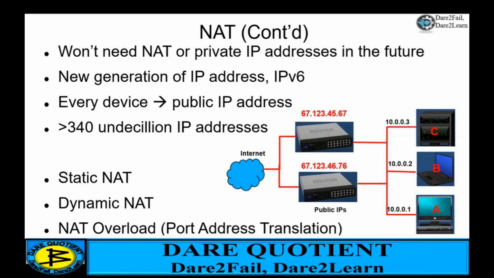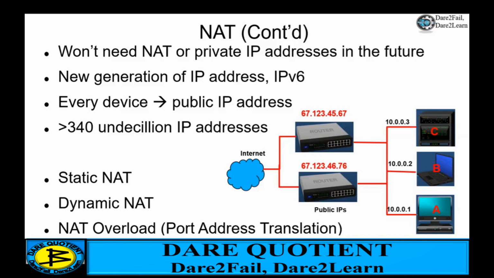So the IPv6 scheme is already being implemented. With IPv6, we'll have more than 340 undecillion IP addresses, that is 340 followed by 36 digits, available for devices to use over the internet.